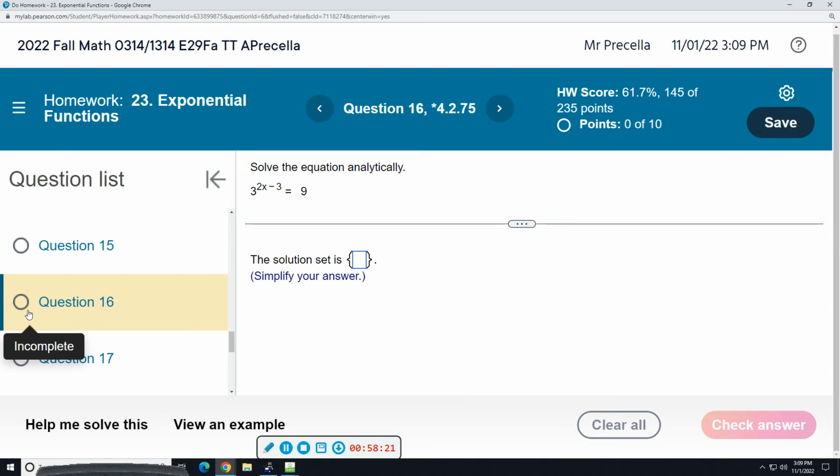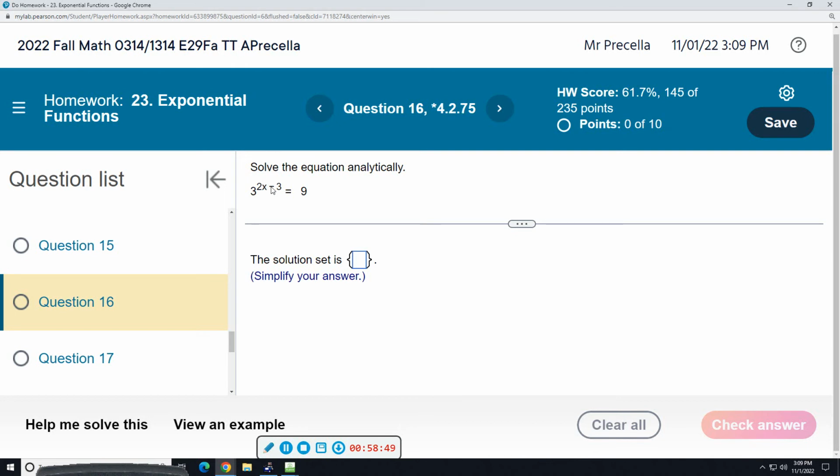It says 3 to the 2x minus 3 power equals 9. Well, is this an exponential equation? Yes. The variable is in the exponent.